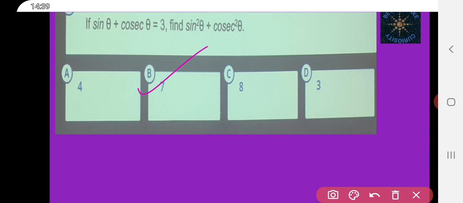After that, 2 sin theta into cosec theta, if they multiply then becomes 1, so you get left side sin square theta plus cosec square theta plus 2 is equal to 9. Then sin square theta plus cosec square theta equal to 9 minus 2, that is equal to 7. Your answer is 7.